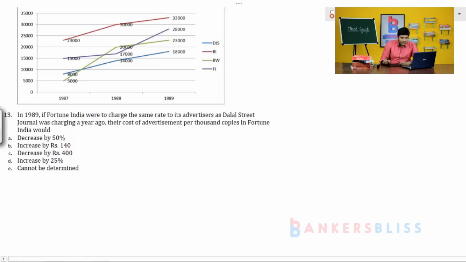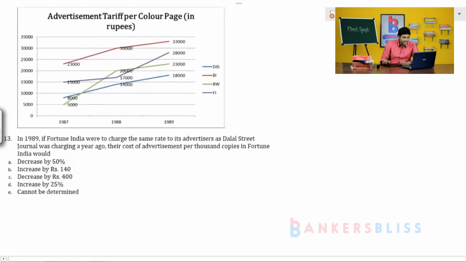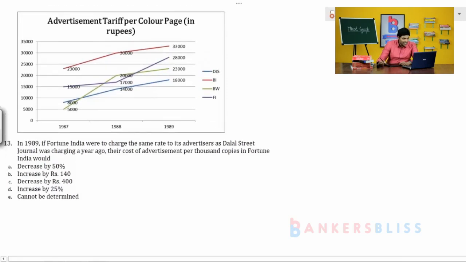See here, what is the present condition? In 1989, Fortune India represents 28,000. So they are spending 28,000 per copy as advertisement.